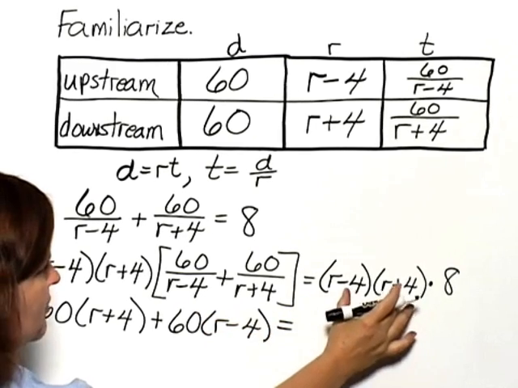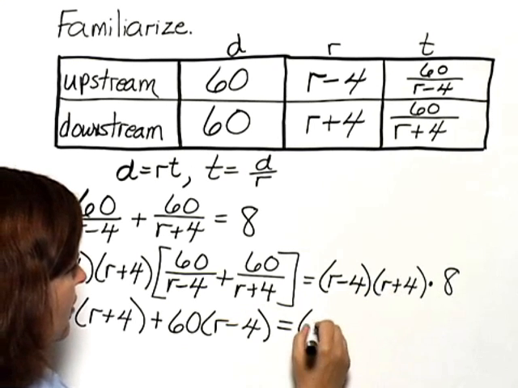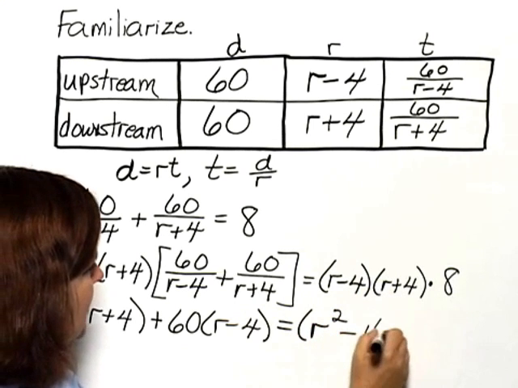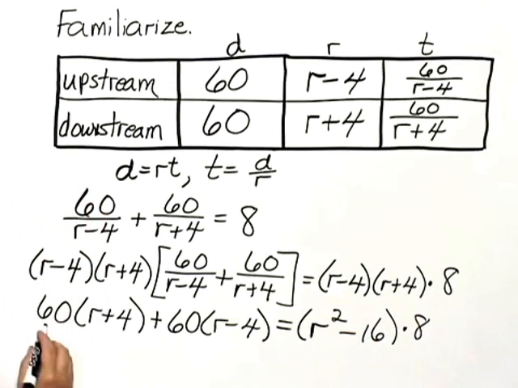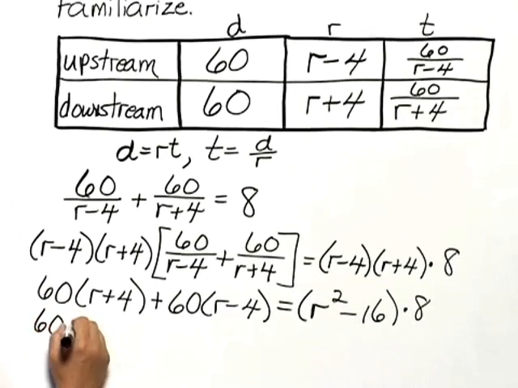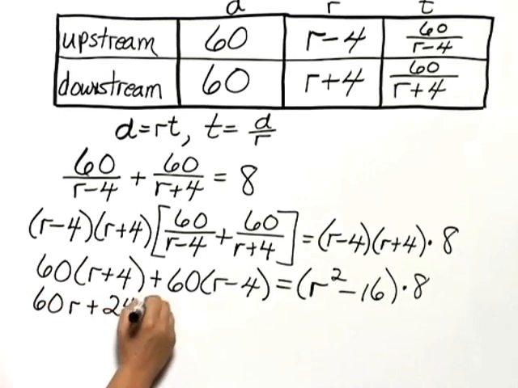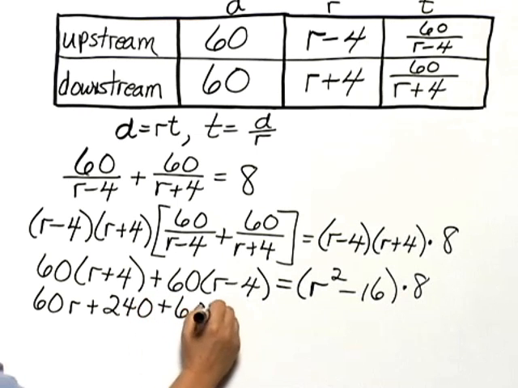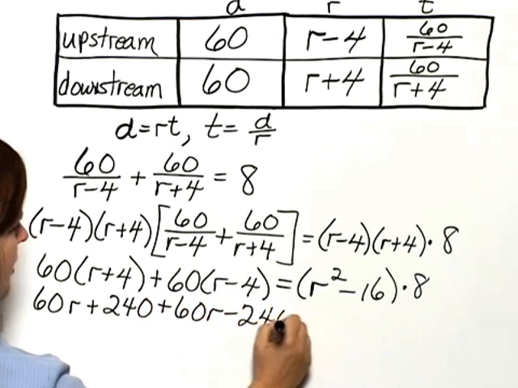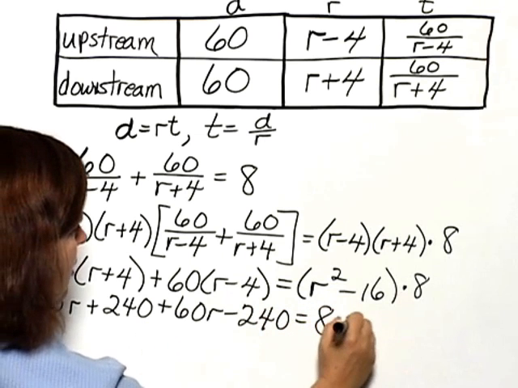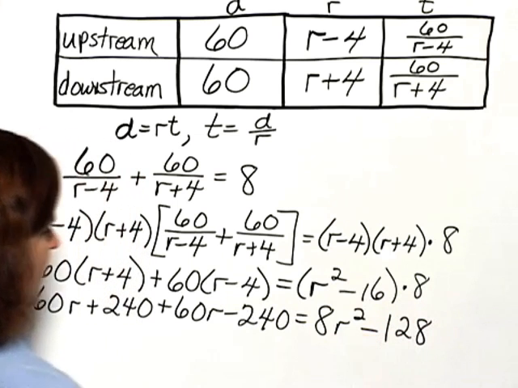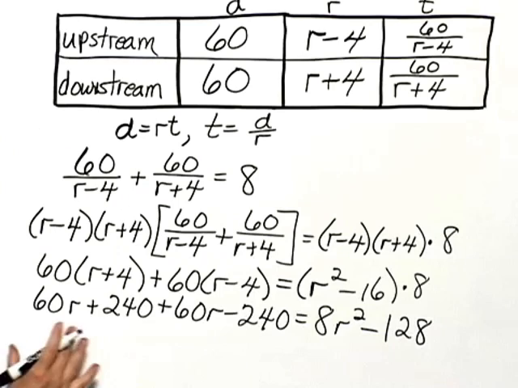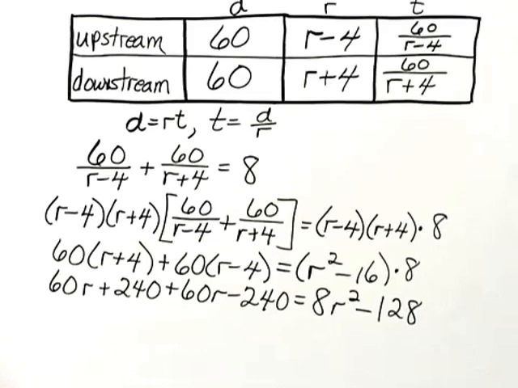And on this side of the equation, let's multiply R minus 4 times R plus 4. We get R squared minus 16 times 8. Now let's simplify here. This would give us 60R plus 240 plus 60R minus 240 equals 8R squared minus 128, which is 8 times 16. 240 minus 240 is 0. 60R plus 60R is 120R.